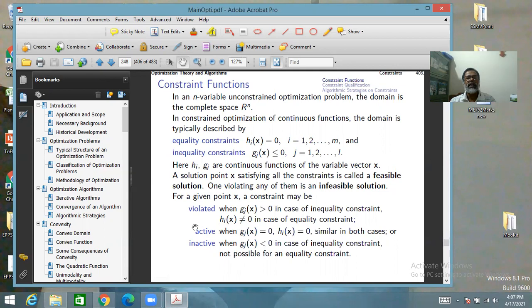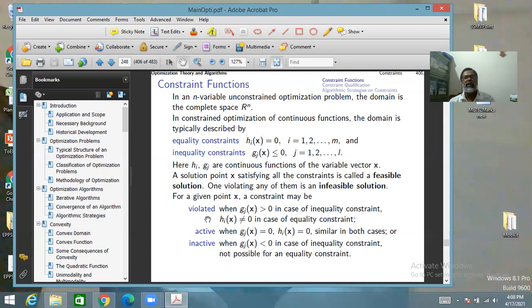If it is satisfied, then it can be active or inactive. An inequality constraint is violated when the constraint function evaluates to something positive, and an equality constraint is easy to violate because if its value turns out to be non-zero, it is violated. If it is not violated, then it is satisfied.